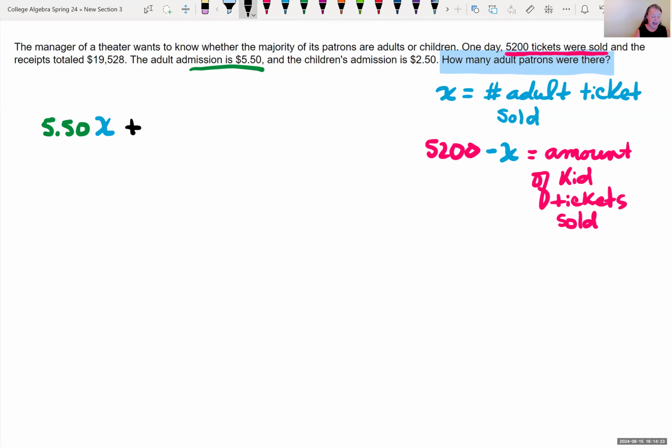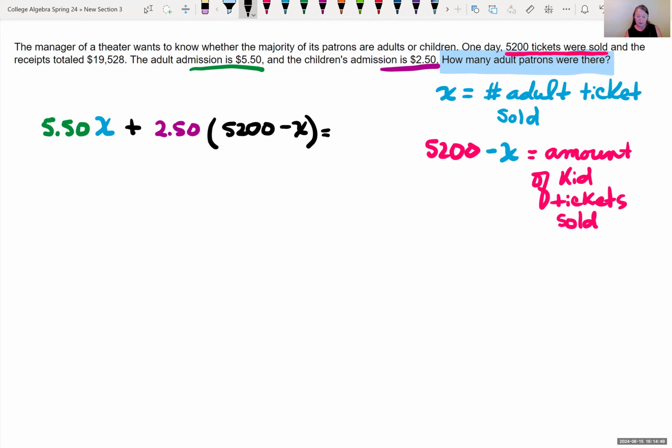And now I'm going to add the amount of money we made off the children. So we know that the children's price for admission is $2.50 times the number of tickets sold, which was that 5,200 minus x.